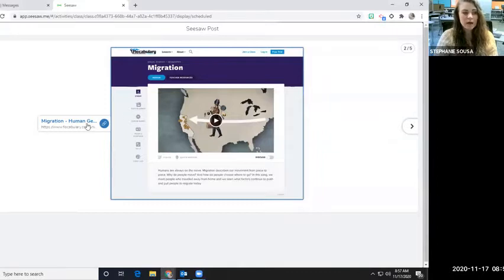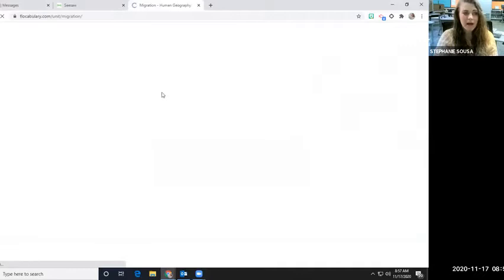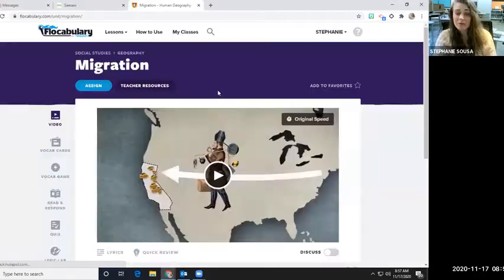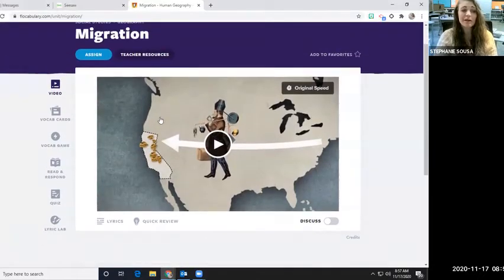To get us warmed up, we're going to take a look at a video on migration. Migration is different than immigration. So we've talked about how immigration is moving countries, migration is moving locations. Many of you have shared that you moved from a different state. We have two sisters in our room who moved from California.